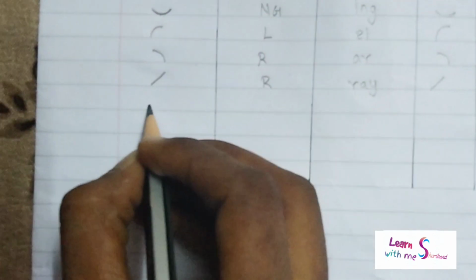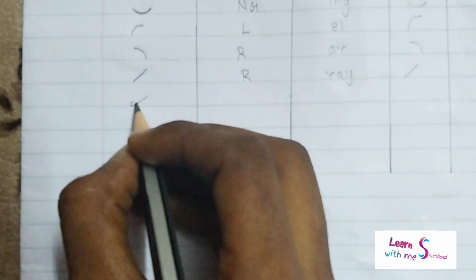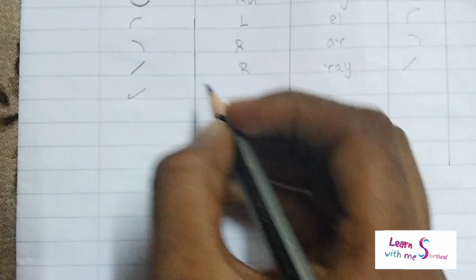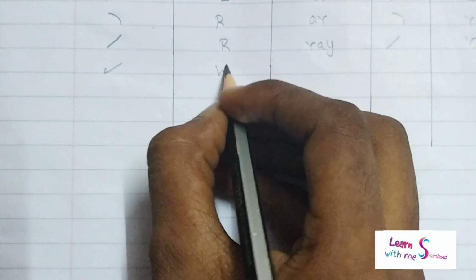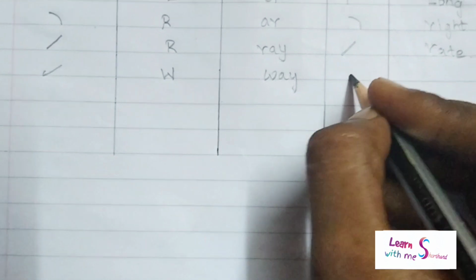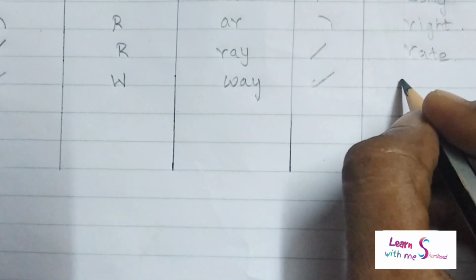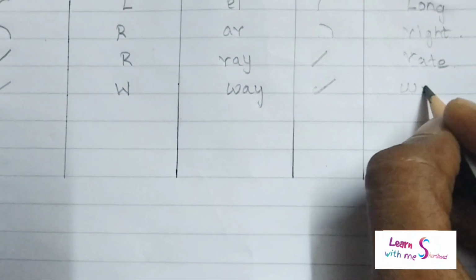Next stroke is way. It is a curved and a straight stroke. The letter is W and the pronunciation is way. The direction is left downward to right upward. The example word for way is weight.